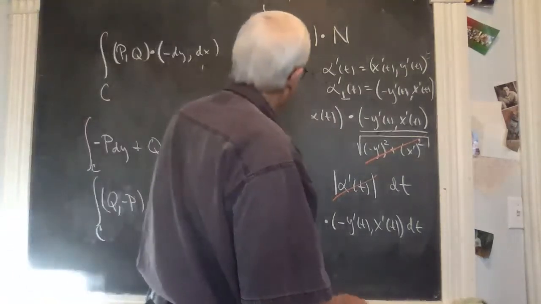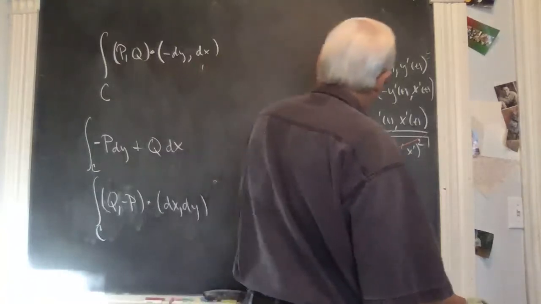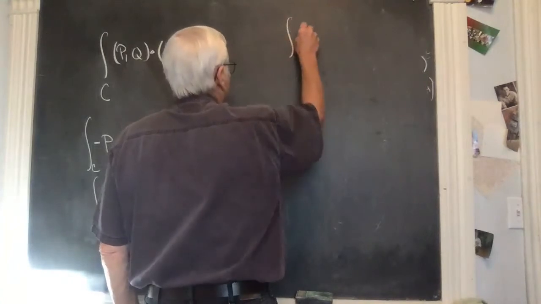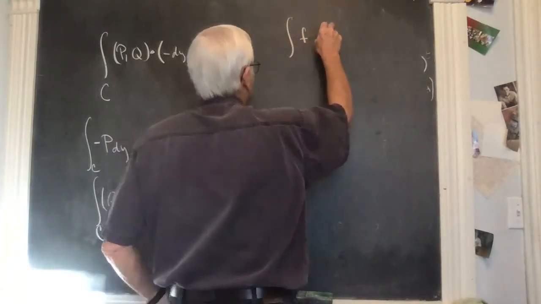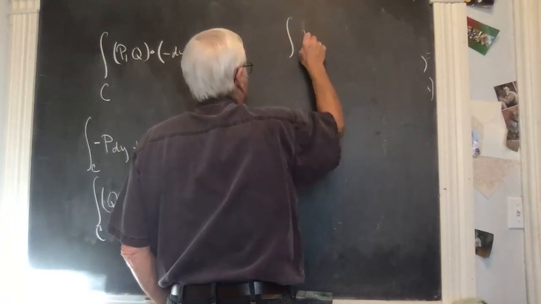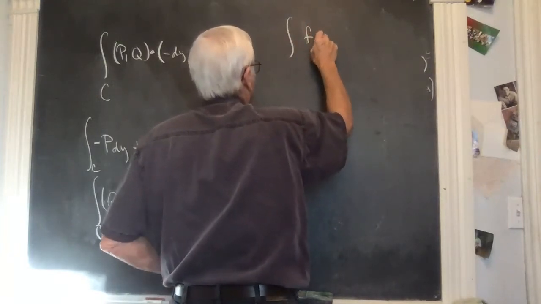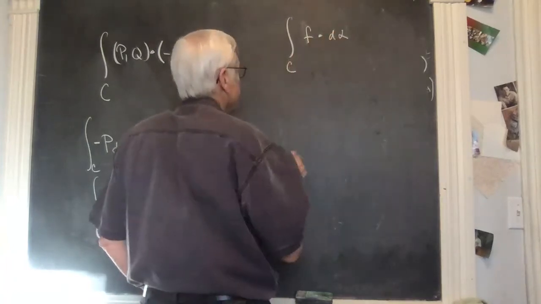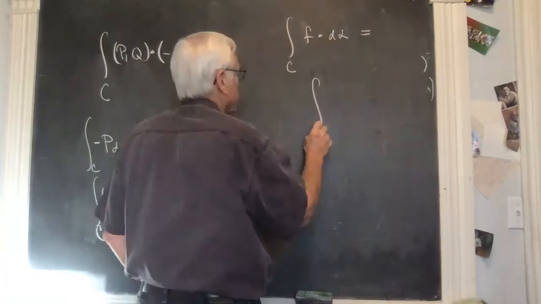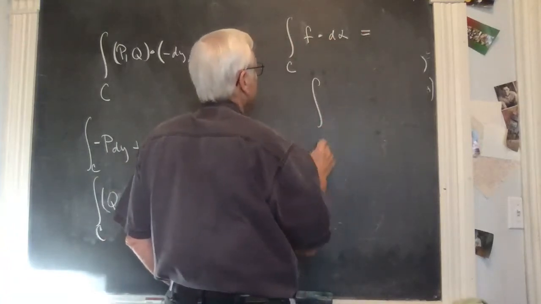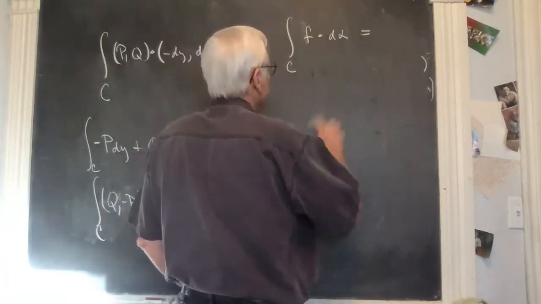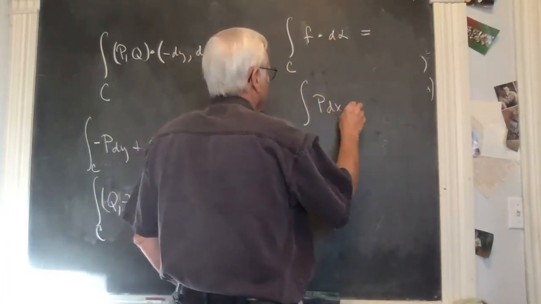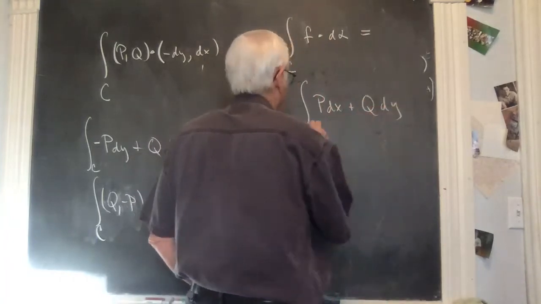So I wanted to point that out because the line integral of f, let's do it this way. The line integral of f dot d alpha along c is equal to the integral of p dx plus q dy on c.